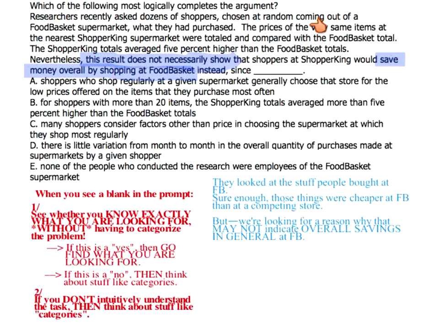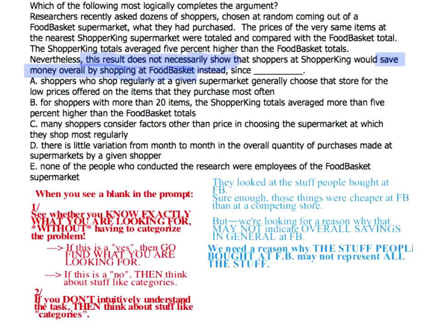So if that was a thing, then this would be an absolutely unassailable logical connection here. But, you know, maybe not, right? So we need a reason why. In order to break that idea, we need a reason why the stuff people bought at Food Basket may not represent all the stuff. That's how you would do this.